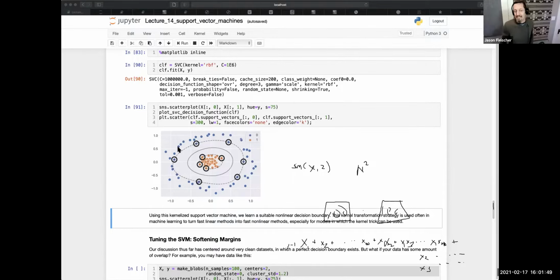And then we select the support vectors. And then once we have the support vectors, all of our future calculations are just on this small number of support vectors in a low dimensional space. But yet this is equivalent to projecting to that polynomial space.